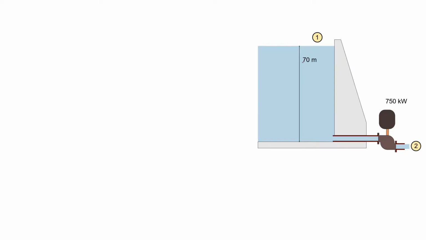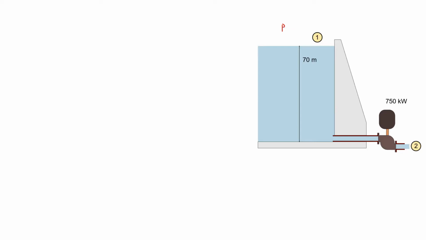Now in this problem, we can consider point 1 as the top of the reservoir and point 2 as the exit of the fluid from the turbine. Let's consider the fluid flow that flows from the top of the reservoir to the bottom of the reservoir and exits the turbine. At the top of the reservoir, the pressure is atmospheric pressure and the velocity is 0.